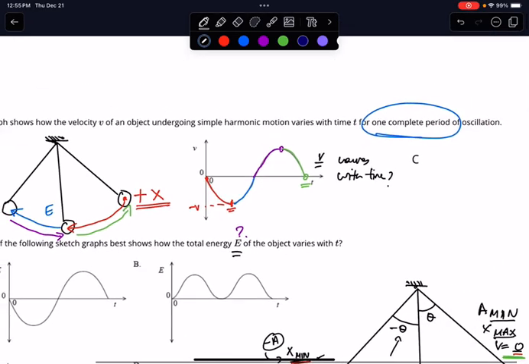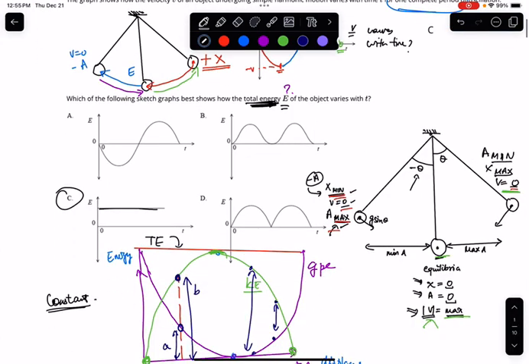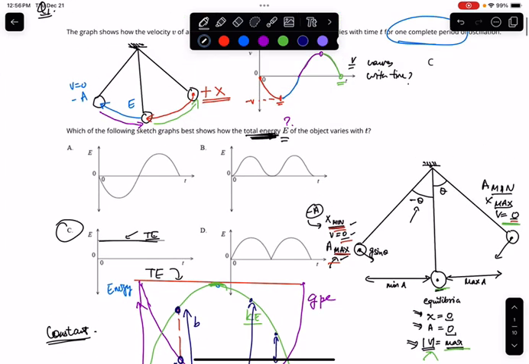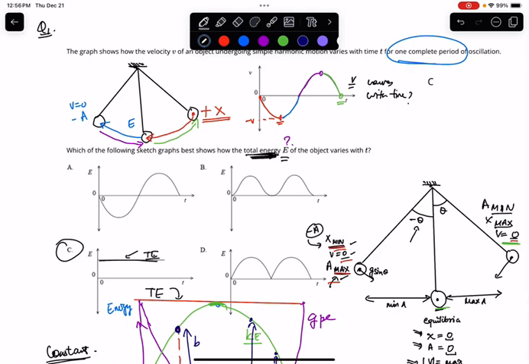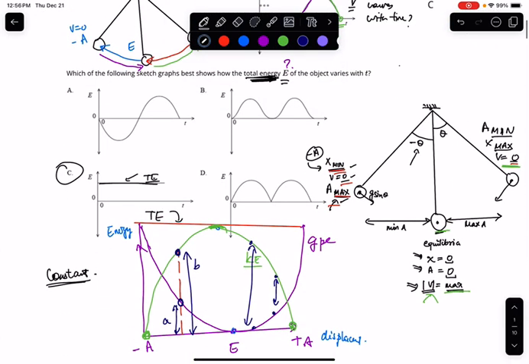In the question they're saying that you want to find total energy. Not the kinetic energy, not the potential energy, total energy. Which is why you get this straight line. So this is total energy. Okay? Good. So this is most of the basics that we need for this, right? And just remember these regions over here, okay?